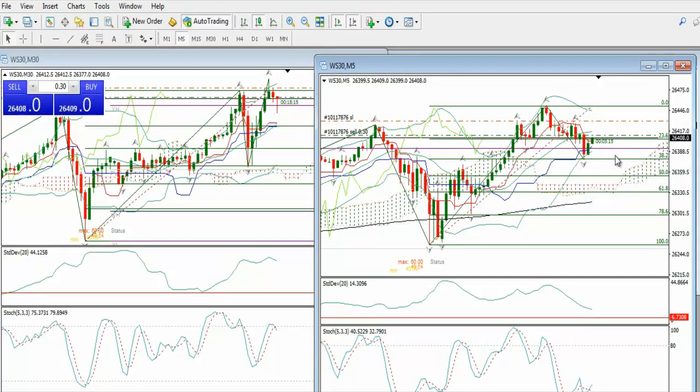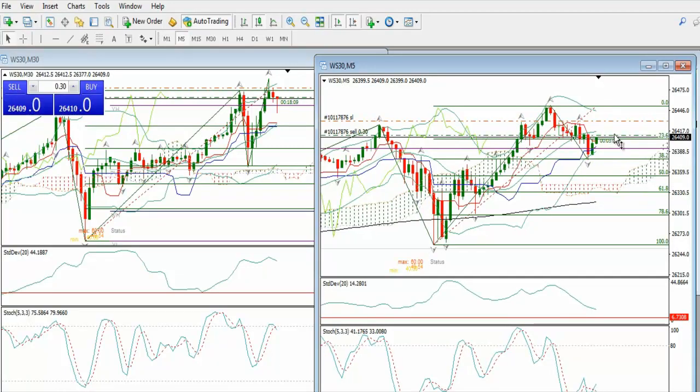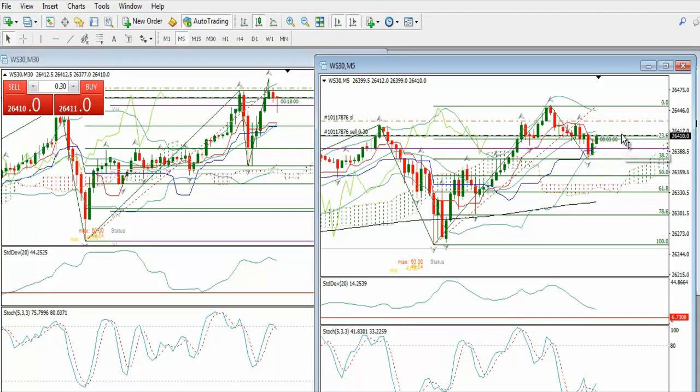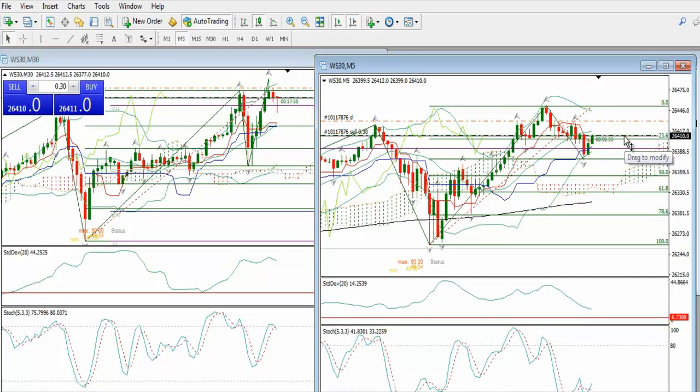As you can see, we had a 38.2 retracement right here. Okay, I think I'm going to close it right here.